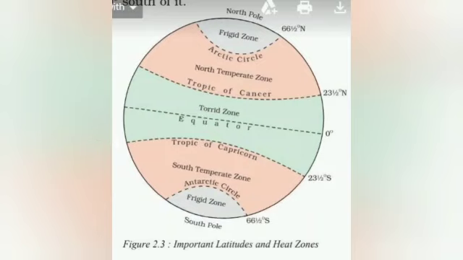And the next one is the Antarctic Circle, that is 66.5 degree south. The Arctic and the Antarctic circles are also called polar circles. So this was about the important parallels.